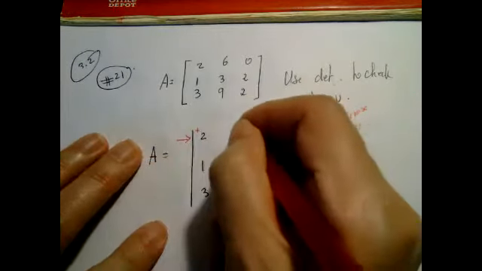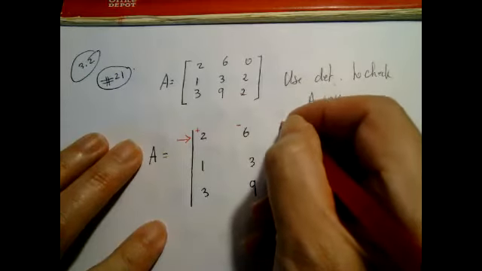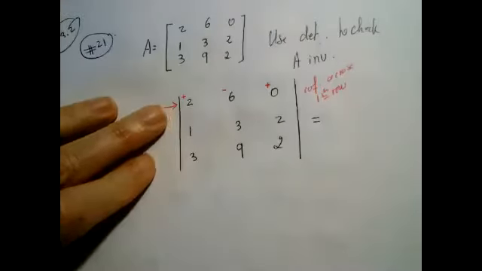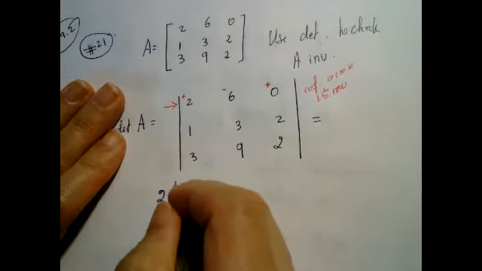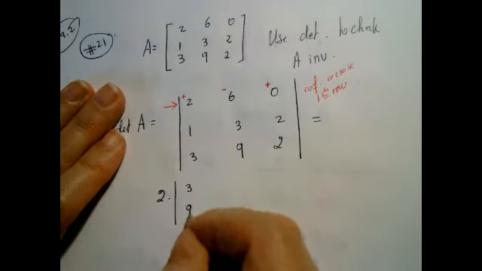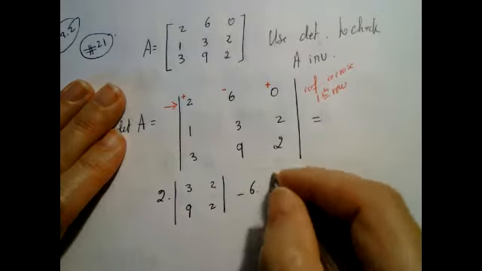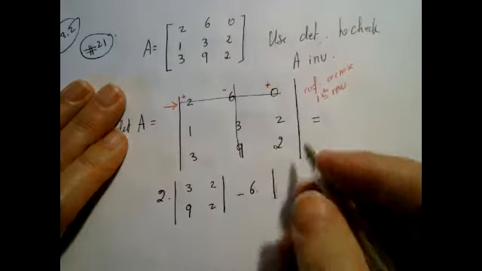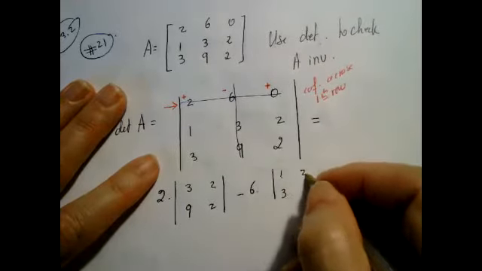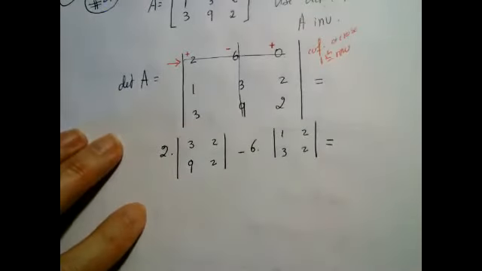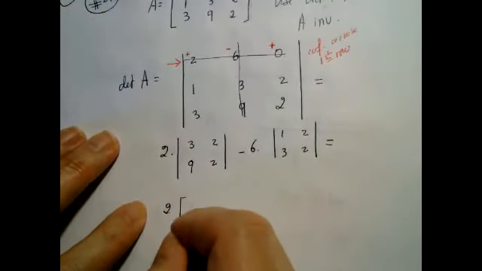Basically, we use the checkerboard sign. So it's going to be equal to 2 times the determinant of 3, 9, 2, 2, minus 6 times the determinant of 1, 3, 2, 2. Okay, and now it's just a matter of computing this determinant and figuring it out.